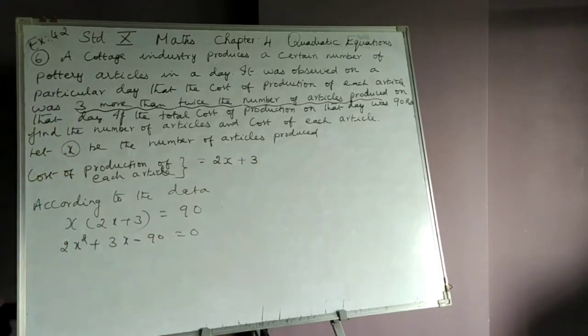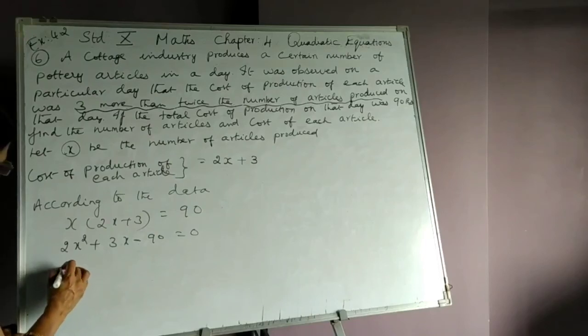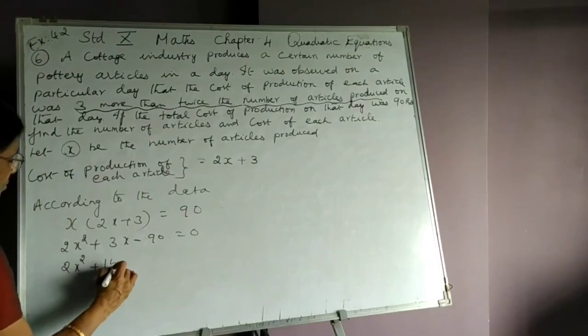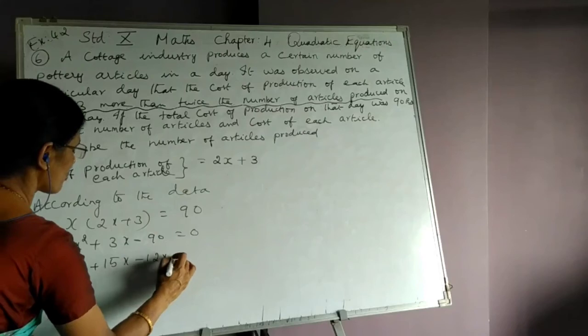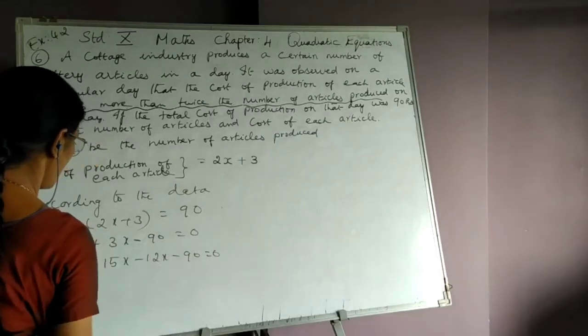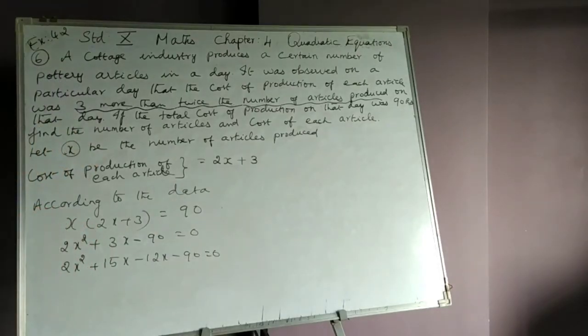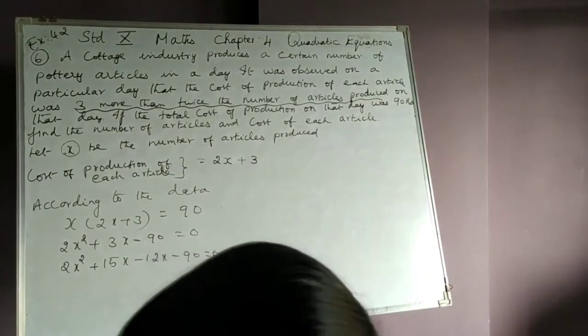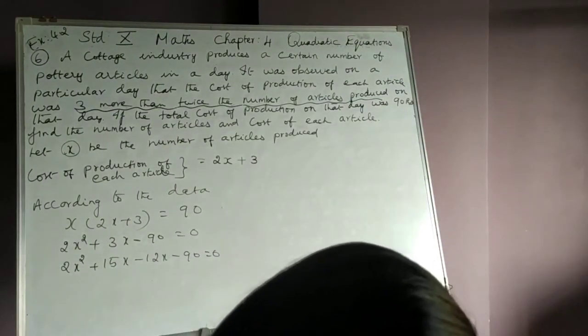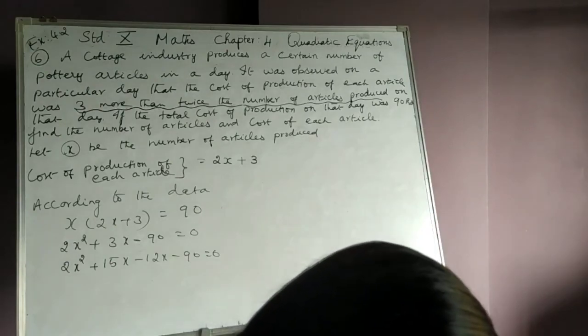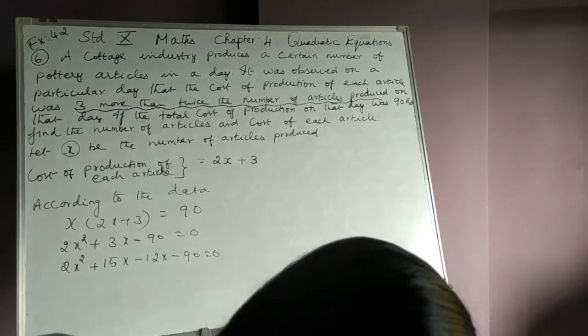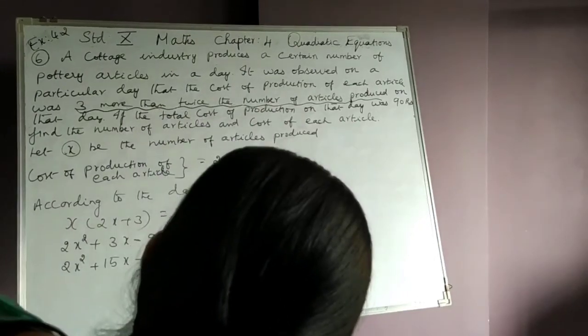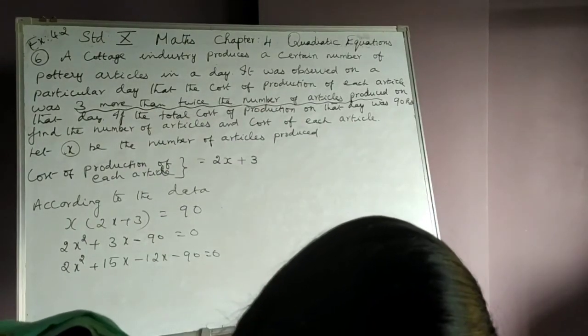equal to 0. So what are the factors here? It is 2x squared plus 15x minus 12x minus 90 equal to 0. 15 minus 12 is equal to 3, and if you multiply 15 into minus 12, we get minus 180.